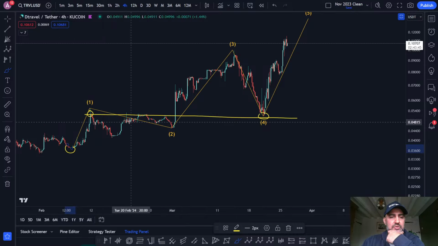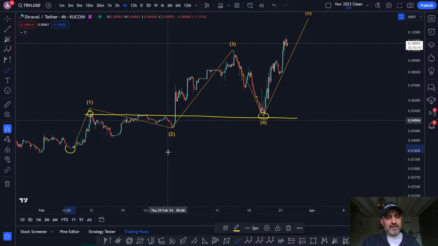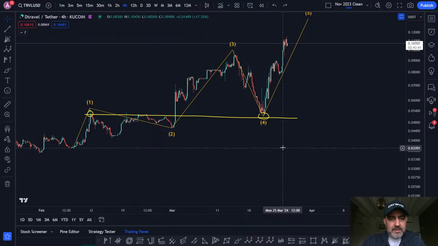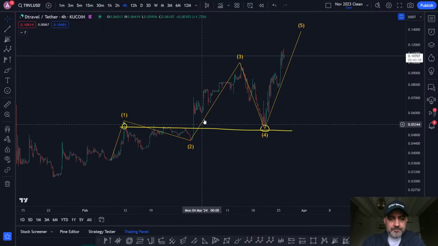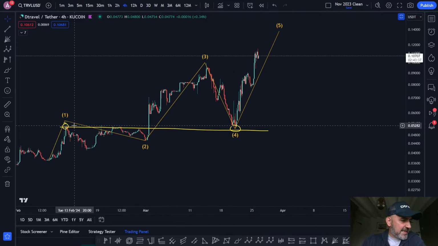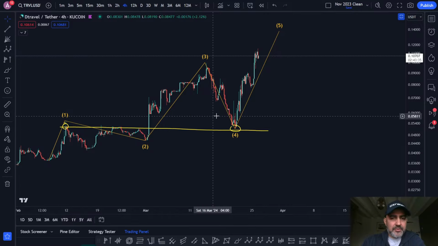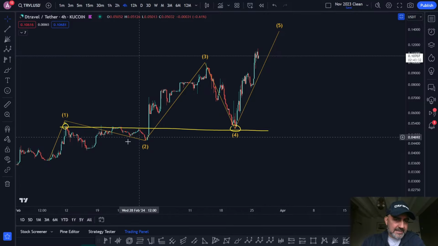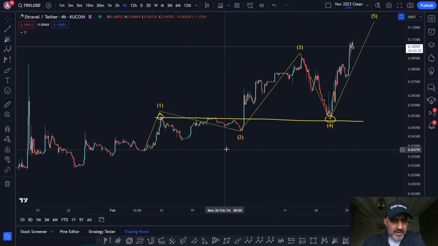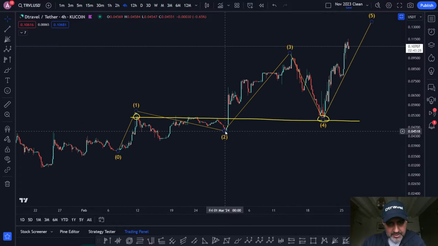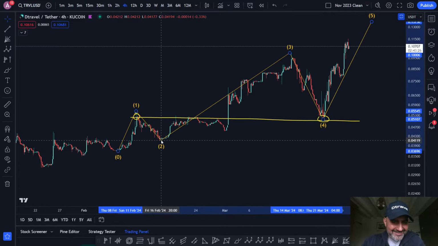That's the 0. The 2 can't come underneath the 0. That would invalidate it. So it hasn't happened. And we just want to see impulsive waves on the 1, the 3, and the 5. And we are seeing that. Okay. Now, does this 2 start there or there? Because that's quite impulsive.